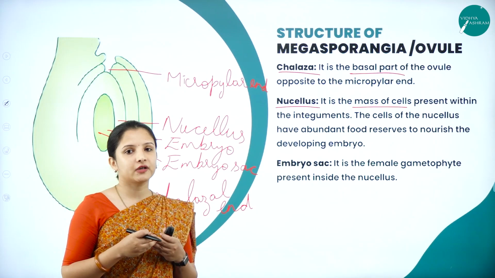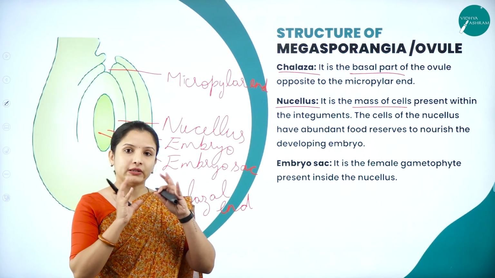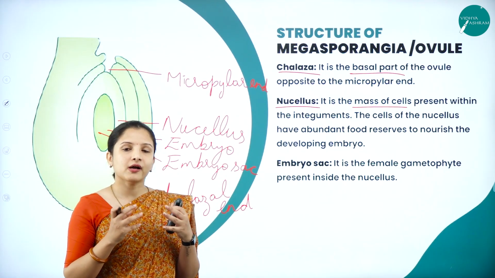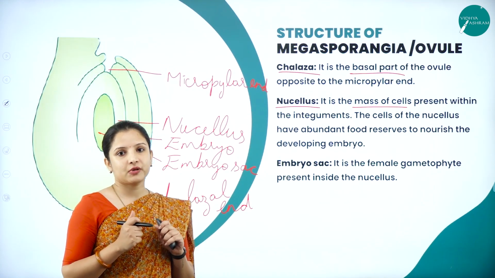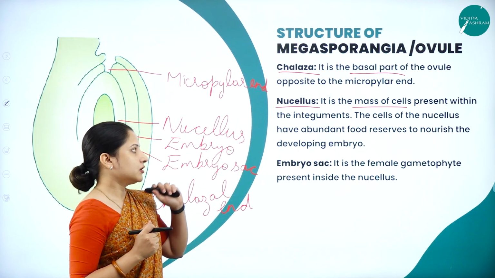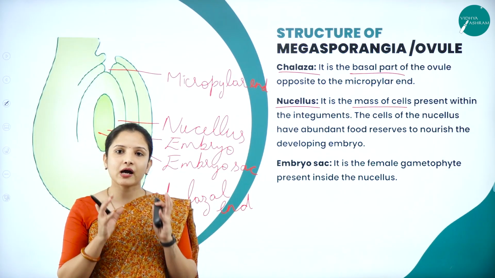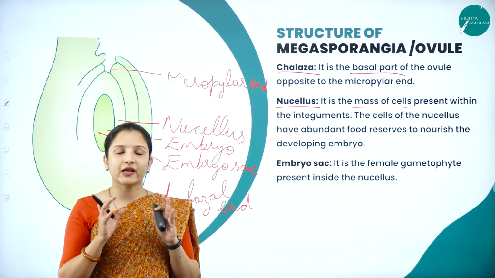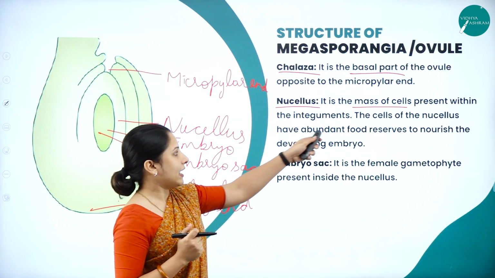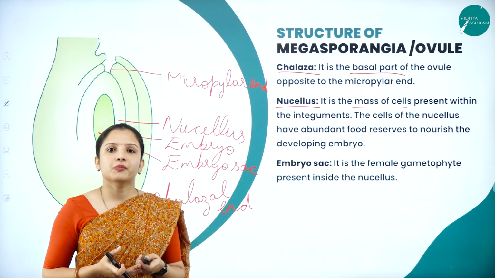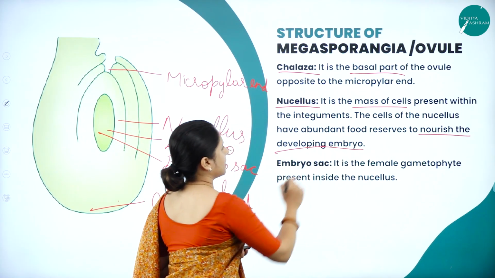After the pre-fertilization events, when the embryo develops, the embryo has to get nourishment for its further growth, right? So from where is the nourishment got? It is got from the nucellus. The nucellus is a storehouse of various food materials, maybe in the form of sugar, saccharides, etc. And it helps in providing nourishment to the developing embryo.